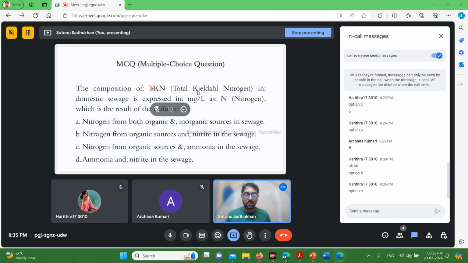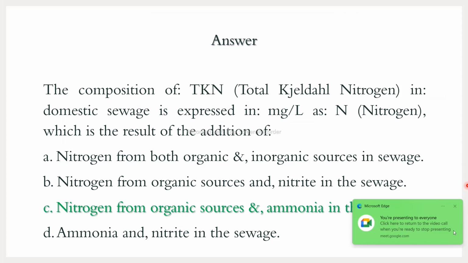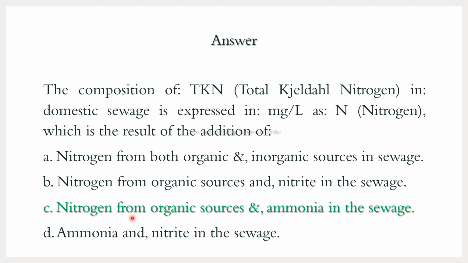Okay, so the answer is the one whichever you have given: nitrogen from organic sources and ammonia, not the nitrite one and not the inorganic one. So these two only are represented by the TKN, total Kjeldahl nitrogen.